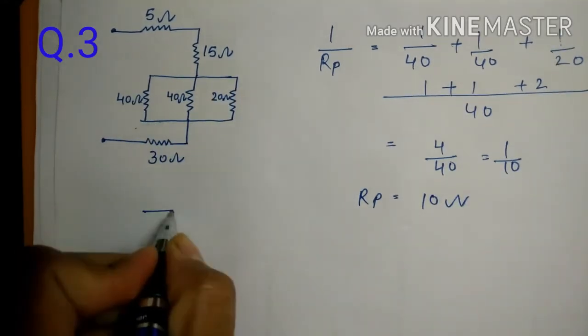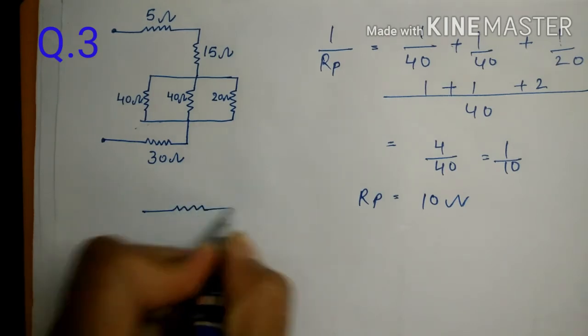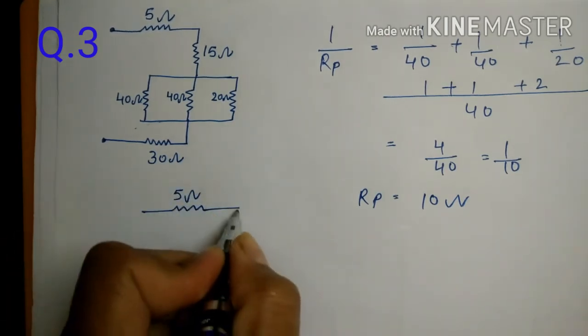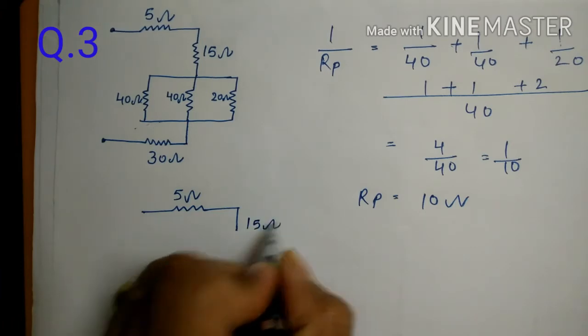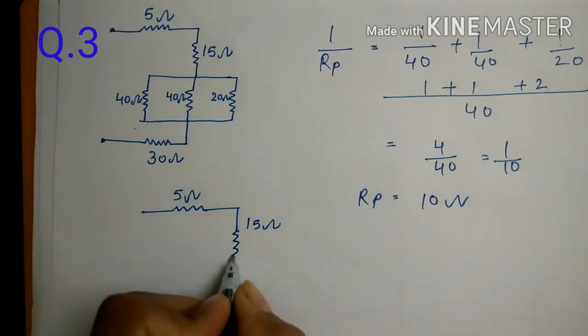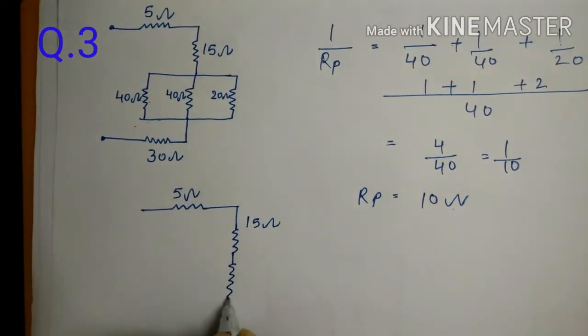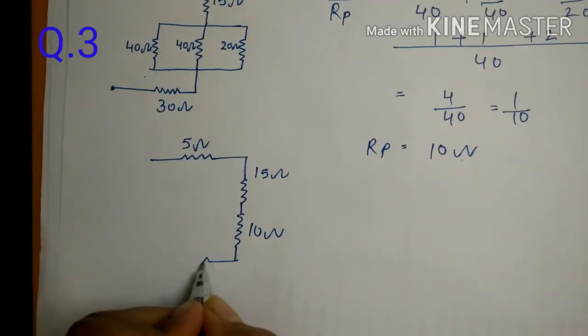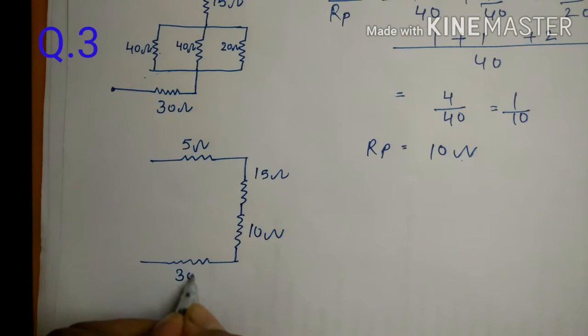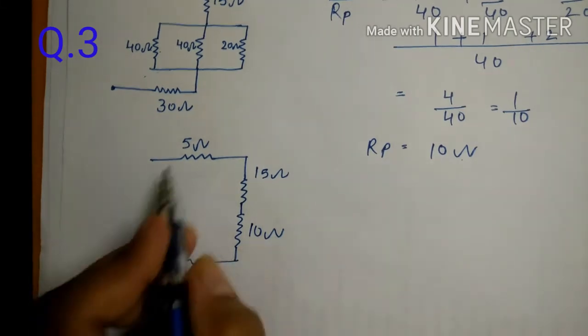Now put this value here and simplify the circuit. So we can draw it again: 5 ohm, 15 ohm, in place of these three, 10 ohm, and the rest will be 30 ohm. Now solve this.